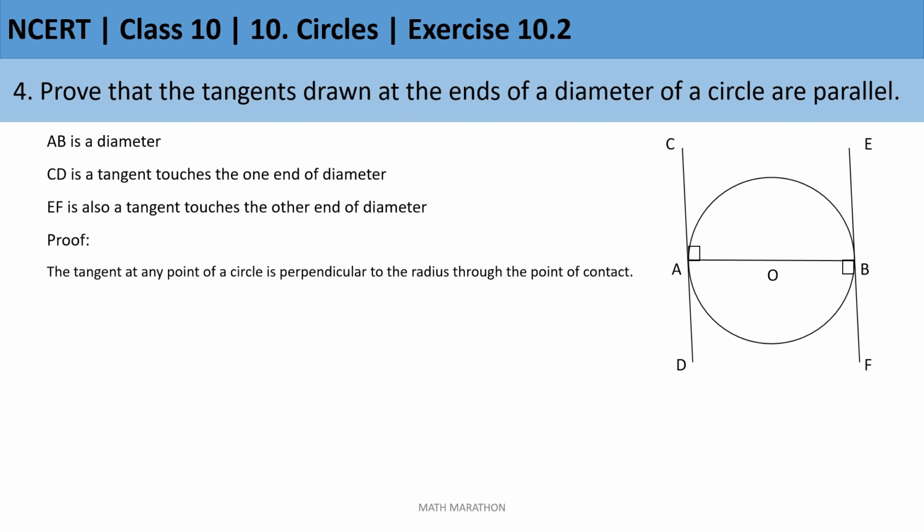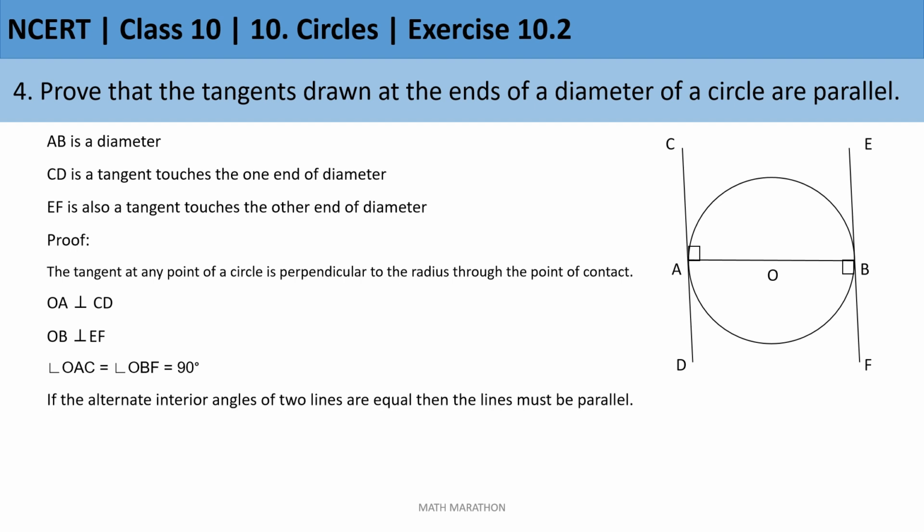Proof. The tangent at any point of a circle is perpendicular to the radius through the point of contact. OA is perpendicular to CD. OB is perpendicular to EF. Angle OAC is equal to angle OBF is equal to 90 degree.